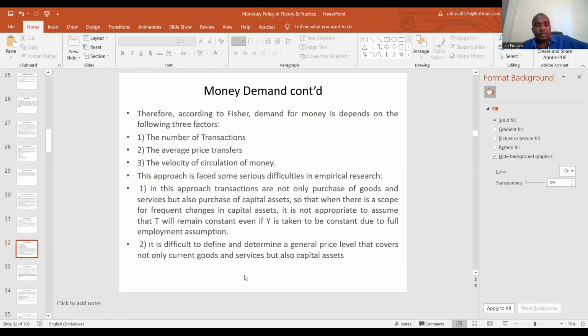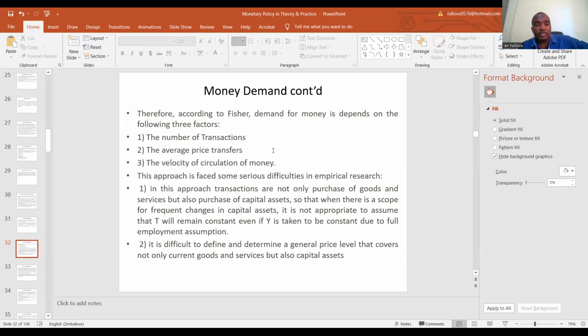So in terms of the three factors that affect money demand, it's the number of transactions, the average price transfers, and the velocity of circulation of money. But we already know that in the short run, the total volume of transactions, which is the number of transactions, and the velocity of circulation are assumed to be constant, especially when you look at the concept of full employment.